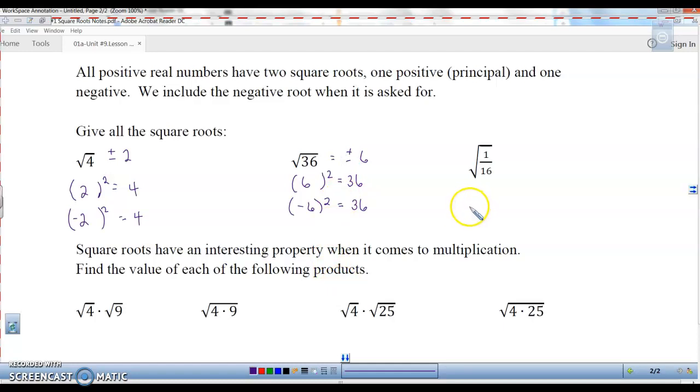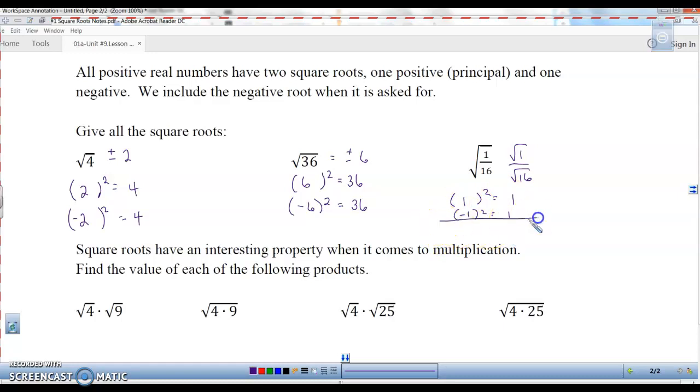All right, now the square root of 1/16. Remember, the square root of 1/16 really means the square root of 1 over the square root of 16. Okay, so what squared gives you 1? Would be 1, but it would also be negative 1.